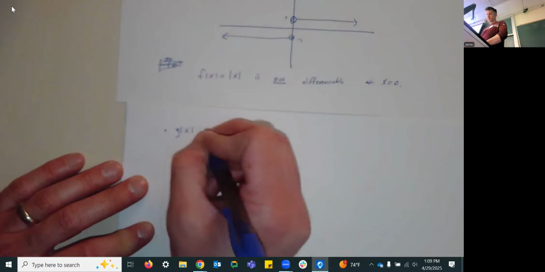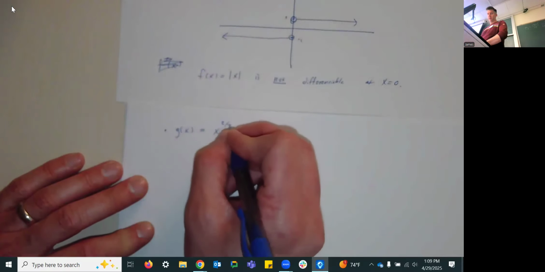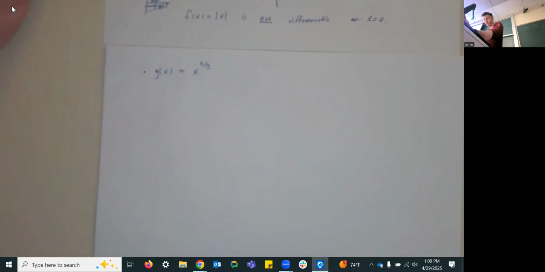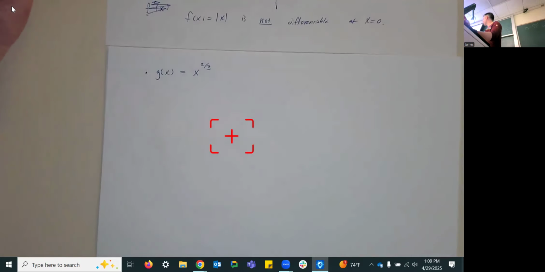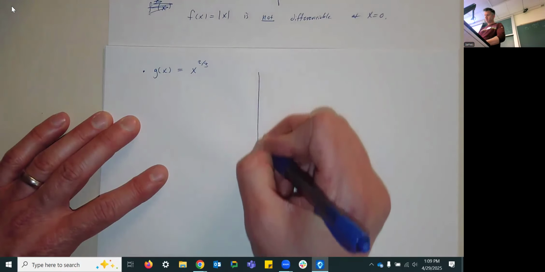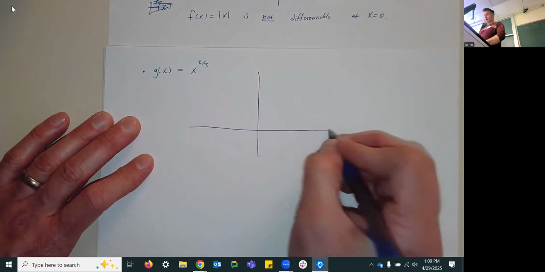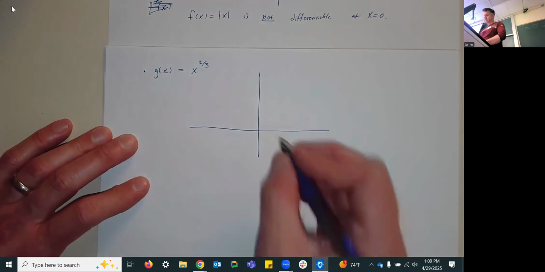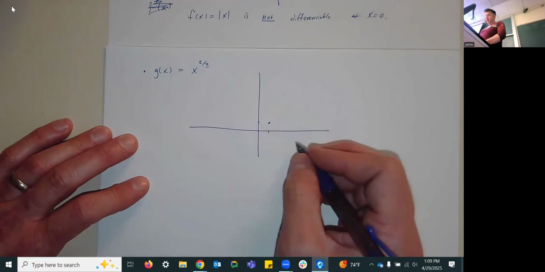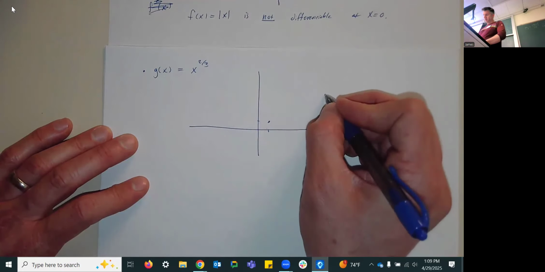G of x equal to x to the 2/3 power. Okay. So this function looks like this. So points I would plot are the points 1, 1, 8, 4. It's kind of funky.